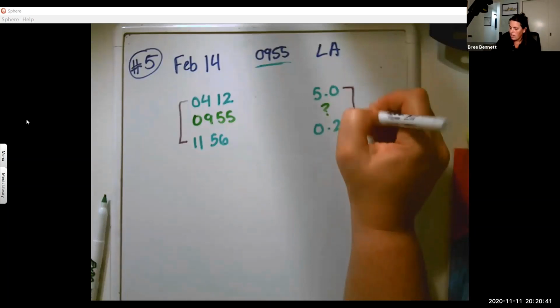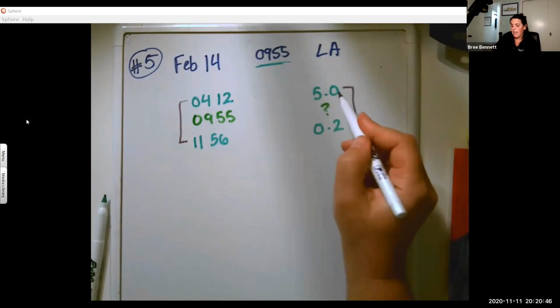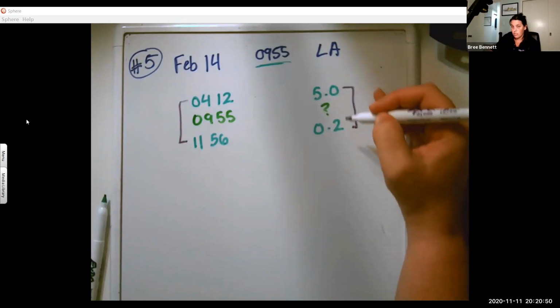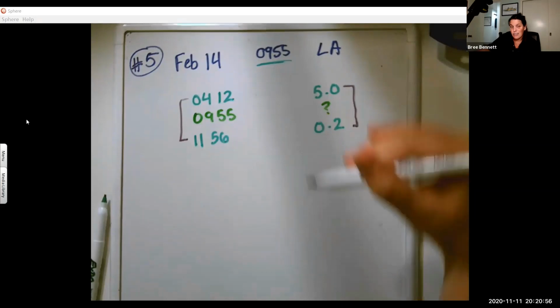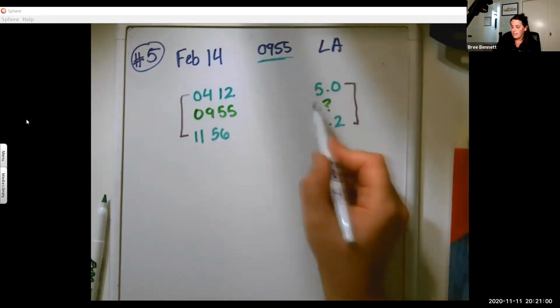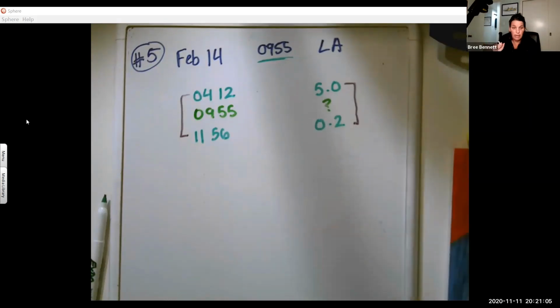Because I know at 4:12, it was 5 feet, and then it's falling, getting lower and lower and lower until it gets to 0.2 feet, and then it's going to get higher and higher again. So at 9:55, it's going to be less than 5 feet, but I don't know by how much. So I need to do a little bit of calculations.